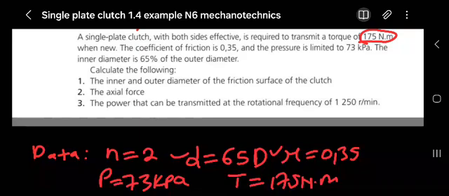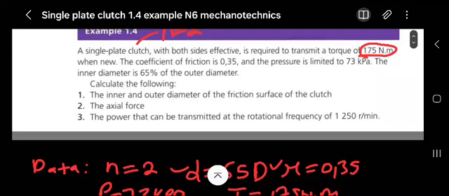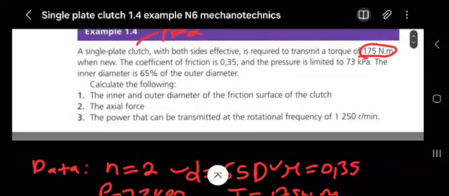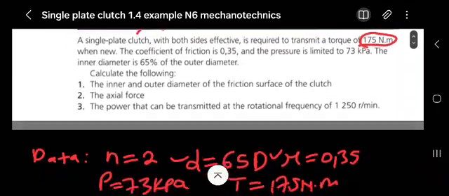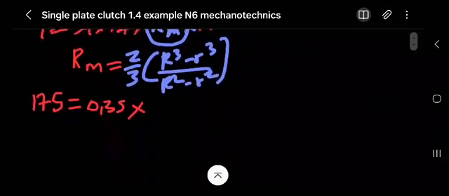We are given a pressure, but what about the force? It's clear here we are not given the force. There is no force here, so we don't know the force.